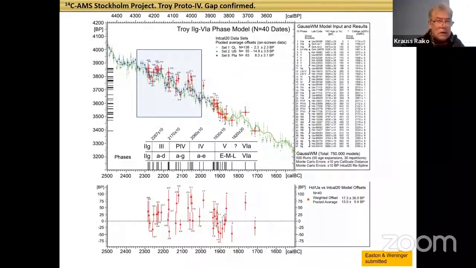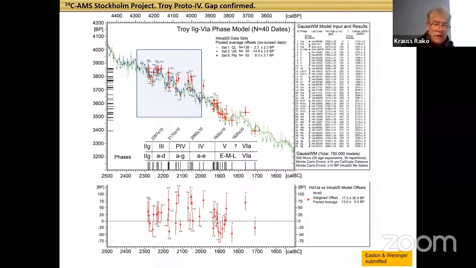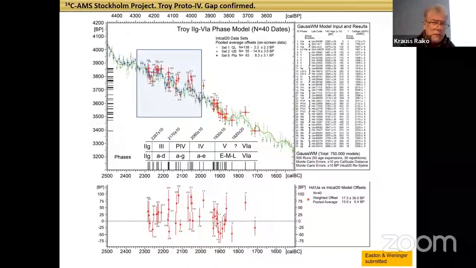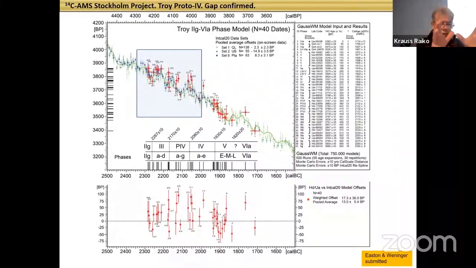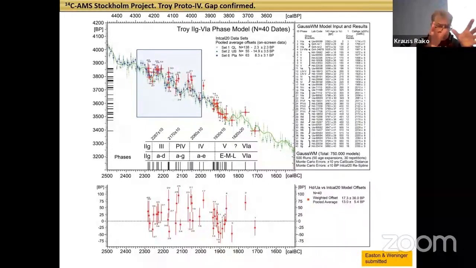And then what I've done here now, in new algorithms, is that I take the window, in this case from 2500 to, was it 1500 BC. If you have a big data set and you're looking at this selection of the data set, every data set which is a part of the calibration curve has its offsets. It is either a bit too low, a bit too high, and this and that. And I'm using an automatic filter. So whenever I choose a filter on the screen, a screen view, it automatically uses the screen as the filtering.